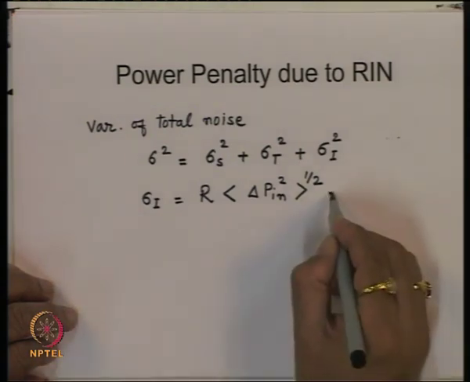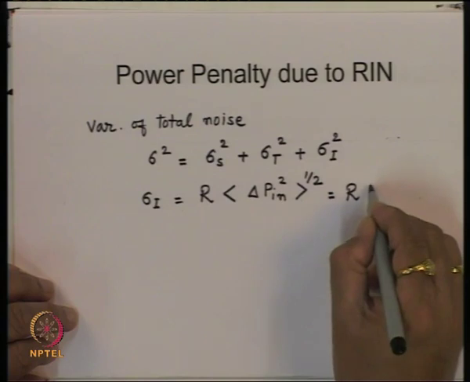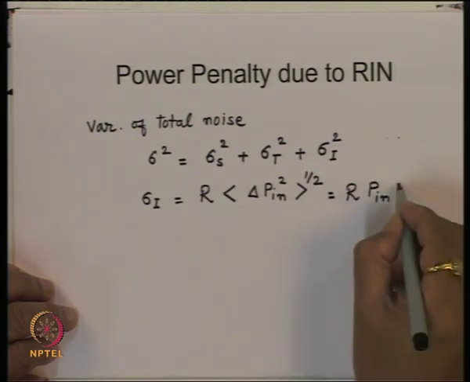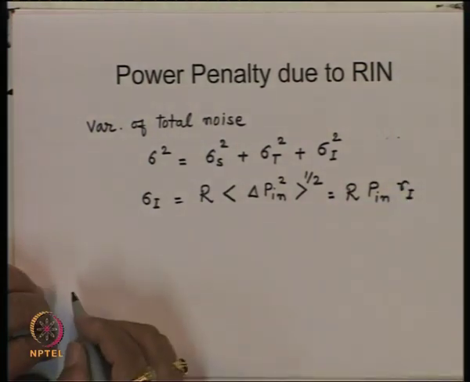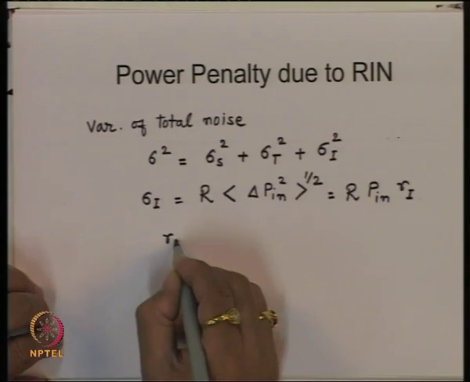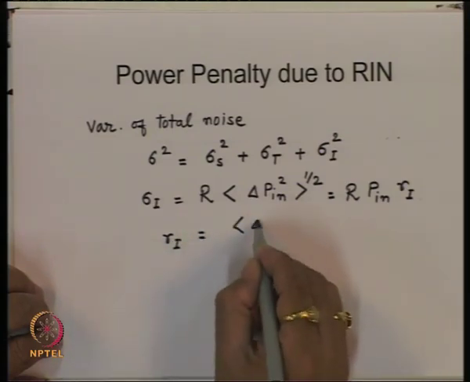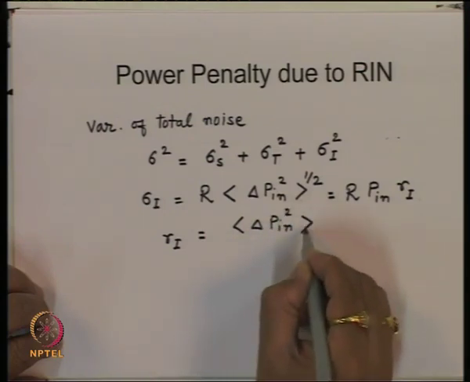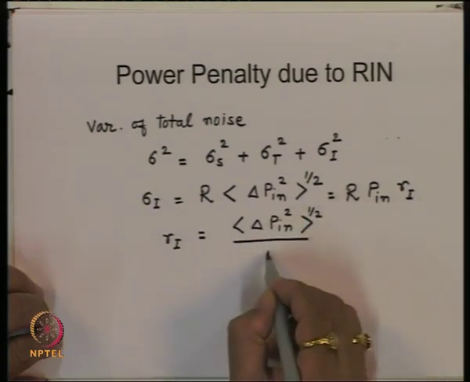So, we can say that this is the responsivity multiplied by P in, into a parameter called the parameter for the relative intensity, where this Ri is defined as delta P n square to the power half divided by P n.